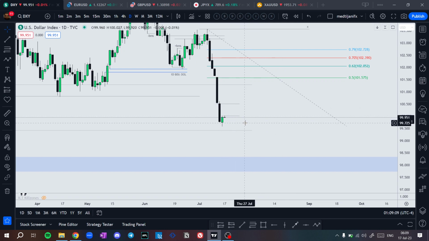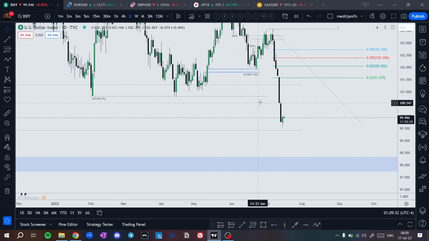But until then, I'm waiting to see which scenario we're gonna have. Either Monday is gonna close bullish and confirm that we're gonna have a retracement higher, or Monday is gonna close bearish and confirm we're having just a drop lower without any retracement, right? So I'm waiting for Monday's candle.